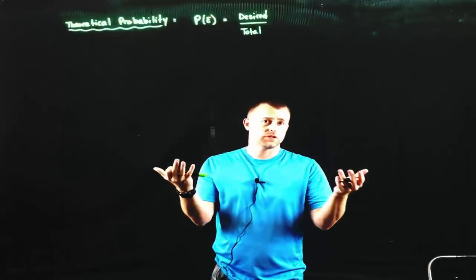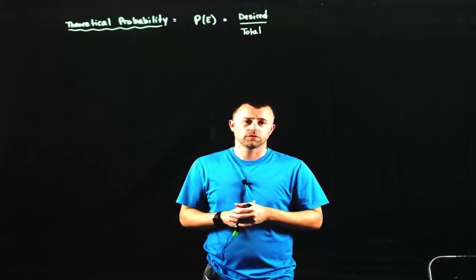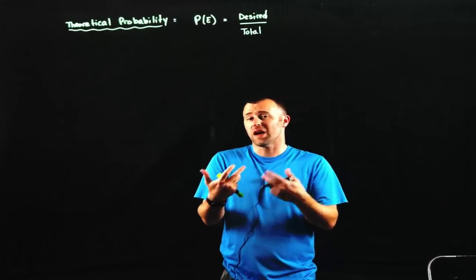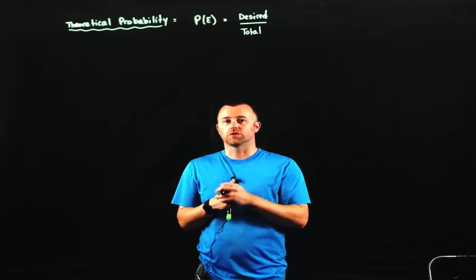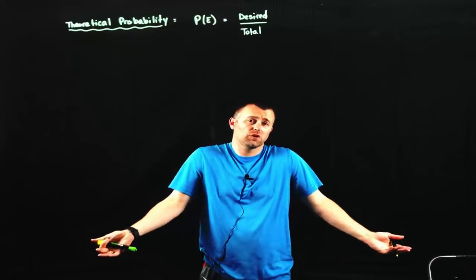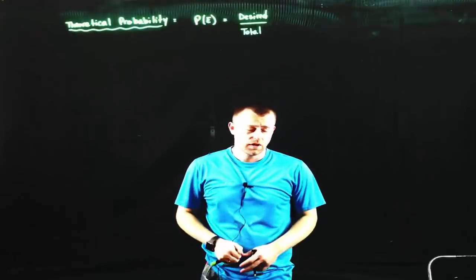The desired, we just figure out based on the situation: how many outcomes match what we're looking for, and we put that on top. That is what we call a simple probability.